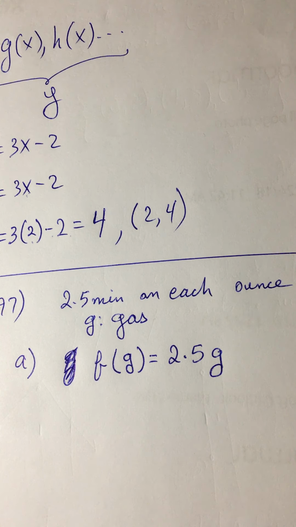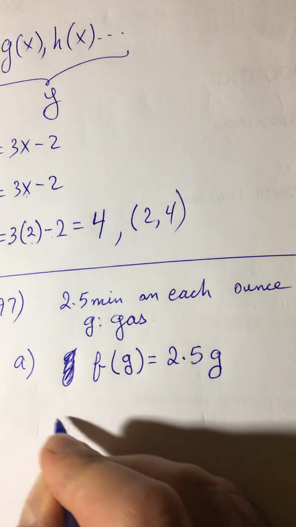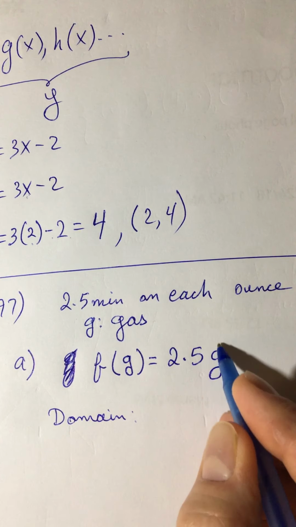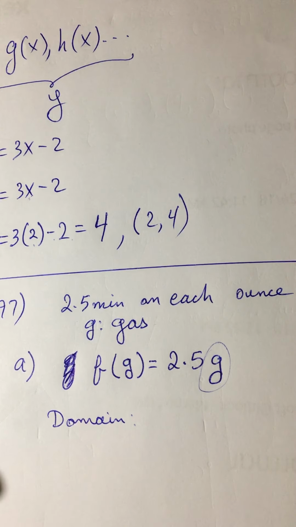And then part B, it says determine the domain and the range of the function. Okay. Well, the domain, what's your domain? Domain are all your input values, right? So remember, it says Jackie has a gas-powered model boat with a 5-ounce gas tank.